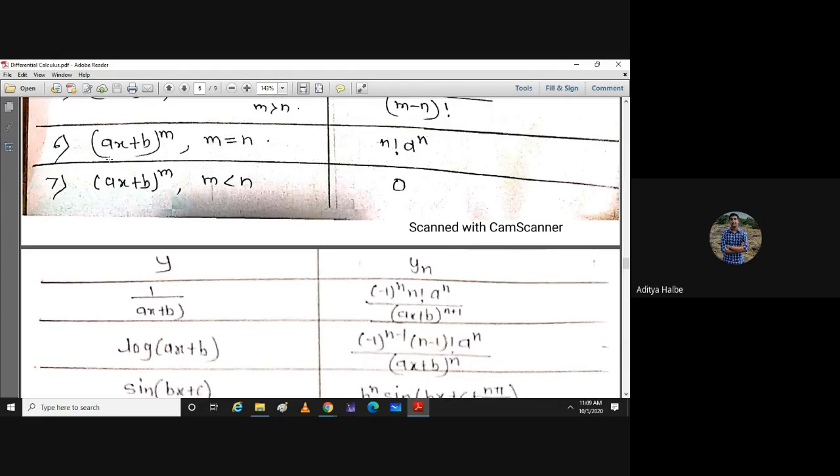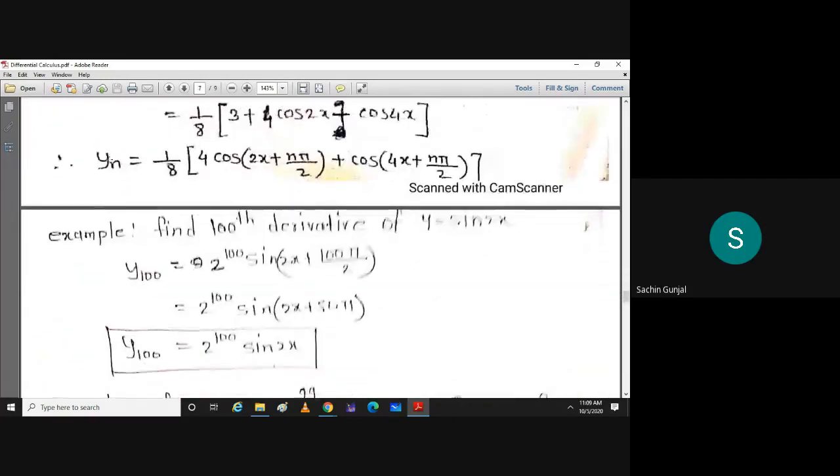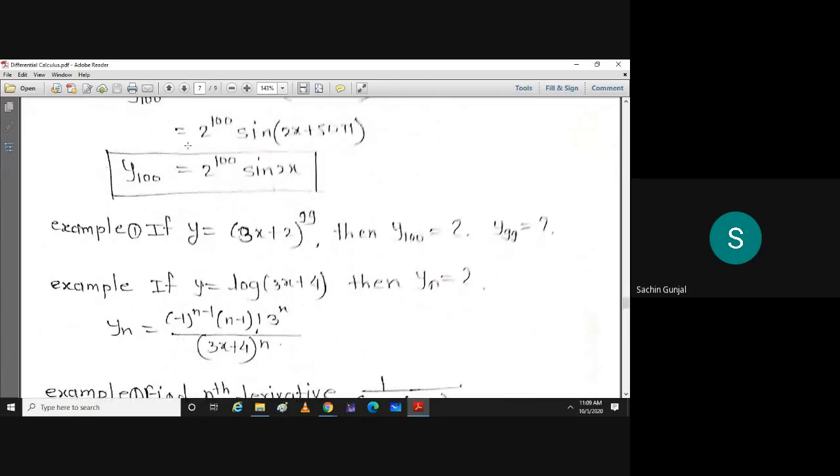Now in this case, 99 is n and it is equal to m. So can you tell me the 99th derivative? 3 raised to 99 into 99 factorial. Is that clear to everyone? Yes, sir.